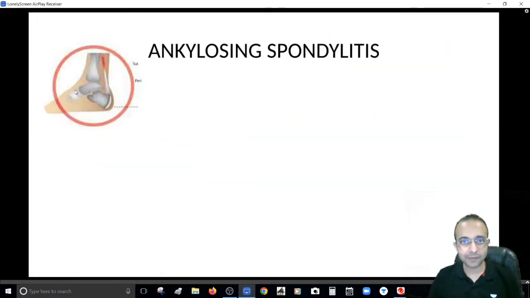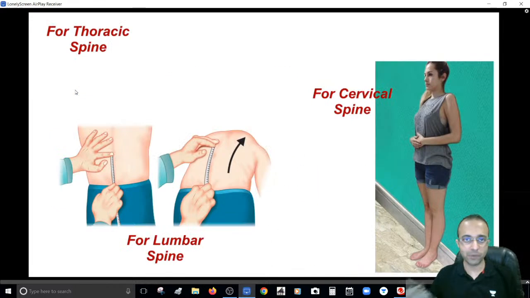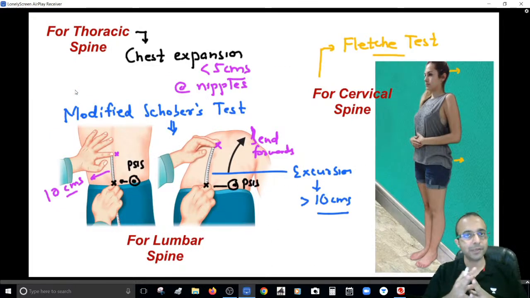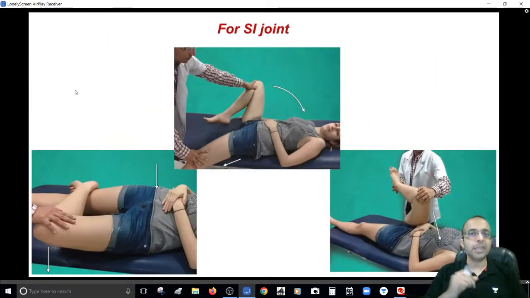So clear enough, guys? Even what is modified Schober's test with which you pick up lumbar spine involvement? And mind you, although the spine can be involved, an area that is first involved is the sacroiliac joint. So I must also tell you the test with which you pick up sacroiliac joint involvement.